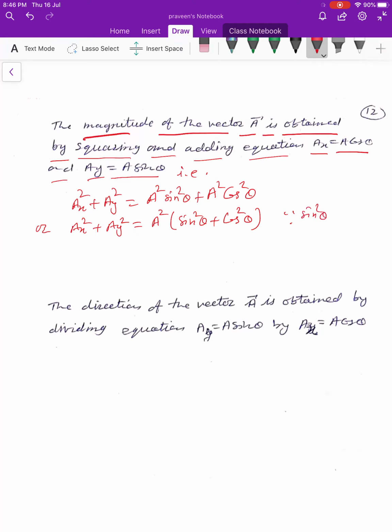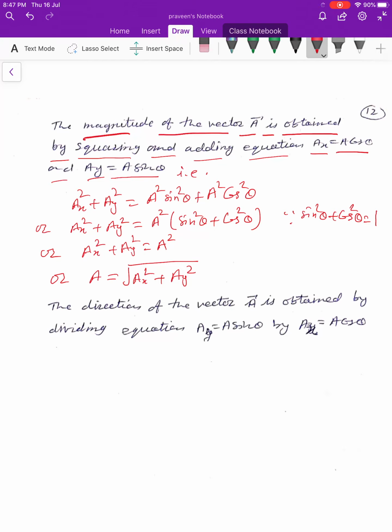Since sin square theta plus cos square theta is equal to 1, we can write Ax square plus Ay square is equal to A square, or A is equal to under root Ax square plus Ay square.